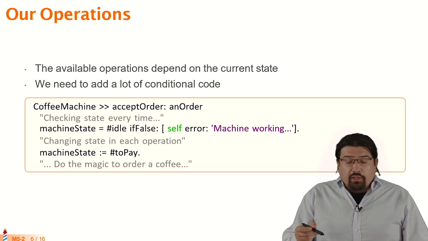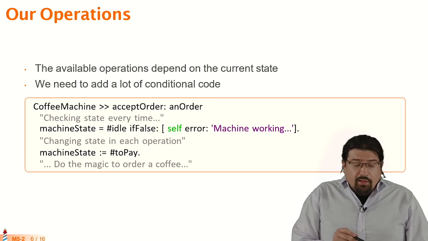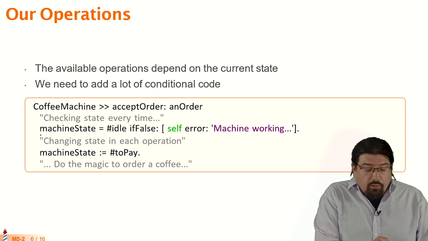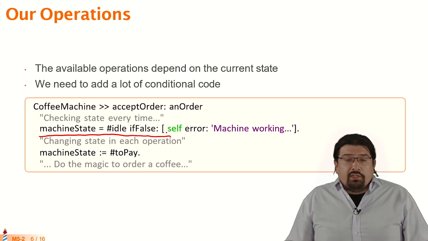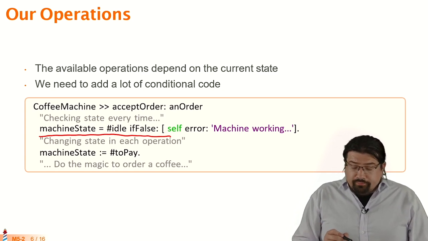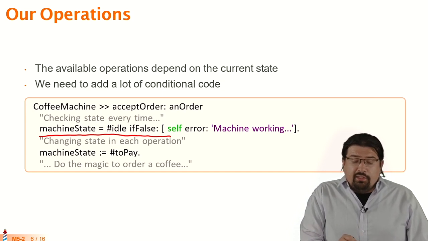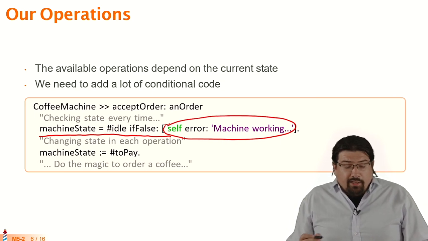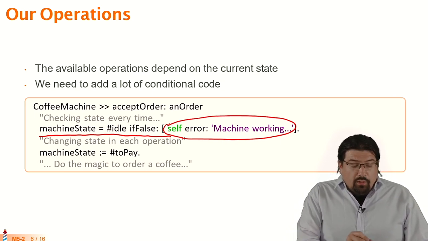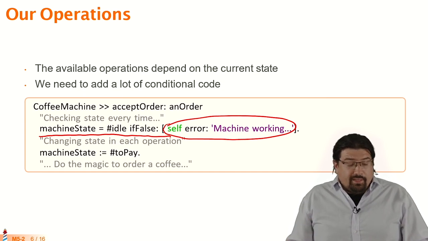So if we model this in our Smalltalk code, we can see that our code starts having a lot of conditional questions, like this one, where we check in which state we are to allow the user to do the operation or not. If we are not in the correct state, we raise an error. So we are going to ask, for each operation, whether we are in the correct state.